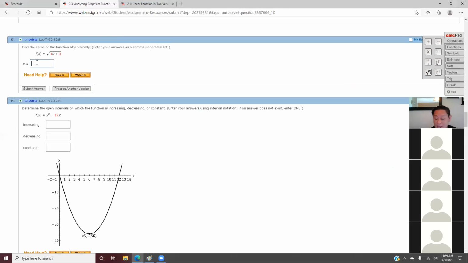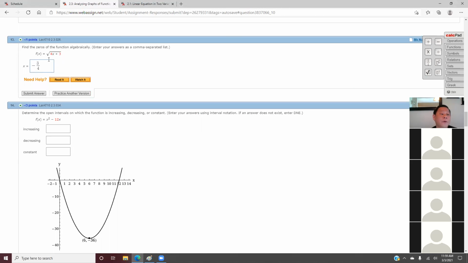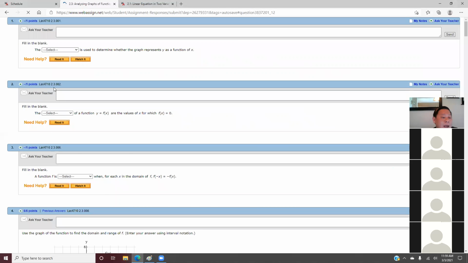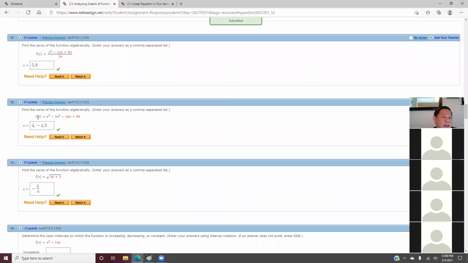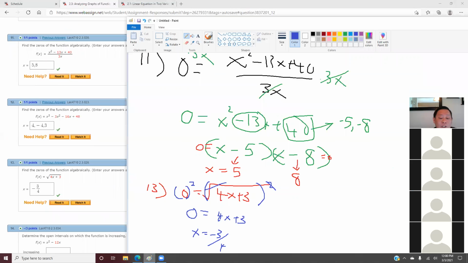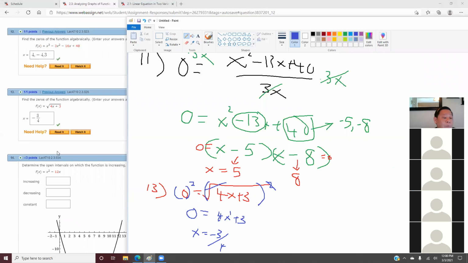So in this case, your answer is negative 3 over 4. So this is how you do this kind of question. What you do is put f of x equals 0 and try to solve for x. If you have x squared or x cubed, you have to factor it. If you have only x to the first power, then you just solve as usual.